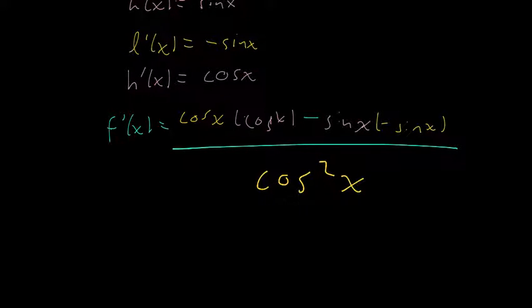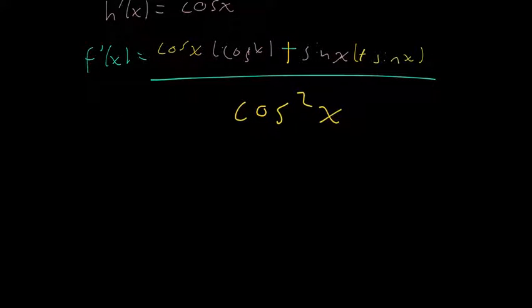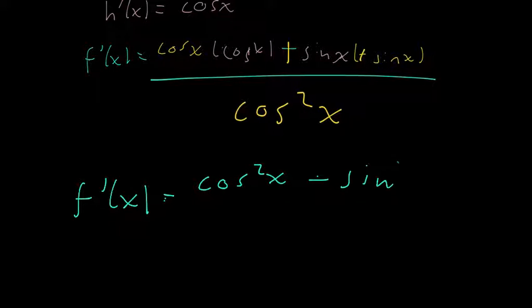So let's go ahead and simplify this. We can cross out the negative sign in the numerator here. And then what we'll be left with is f prime of x equals cosine squared of x plus sine squared of x over cosine squared of x.